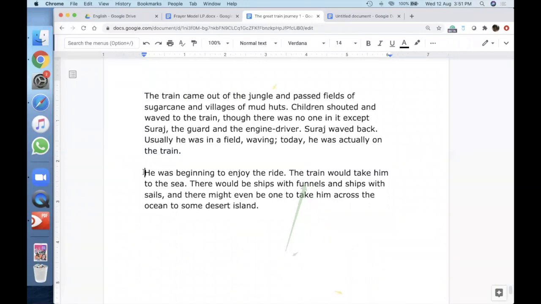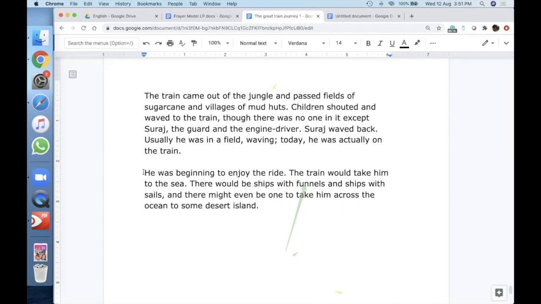He was thinking that the train would take him to the sea. The second sentence says the train would take him to the sea. Suraj is thinking that the train will take him to the sea. Okay. Can anyone tell me why Suraj is thinking that? Because the bearded man said there will be ships.